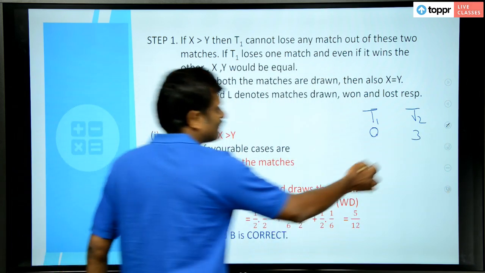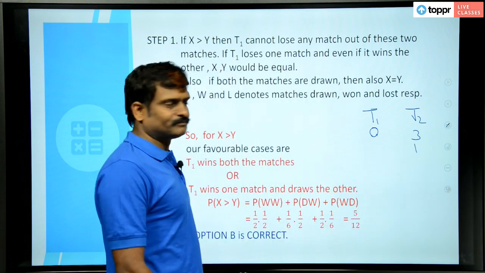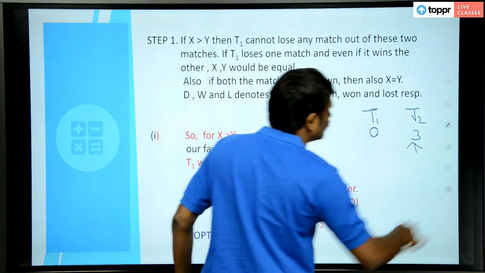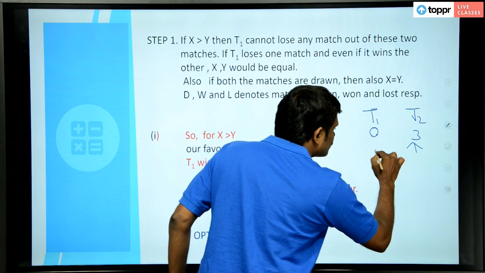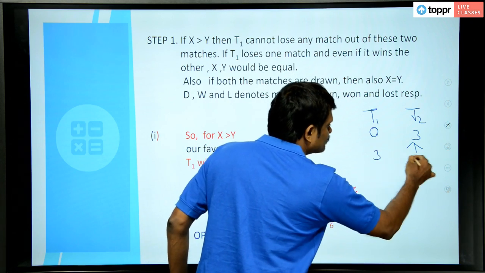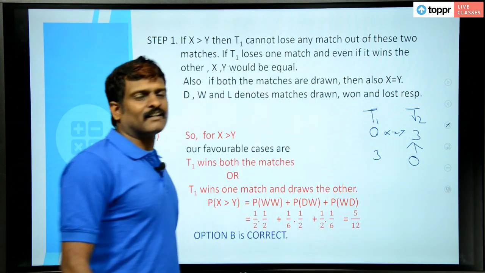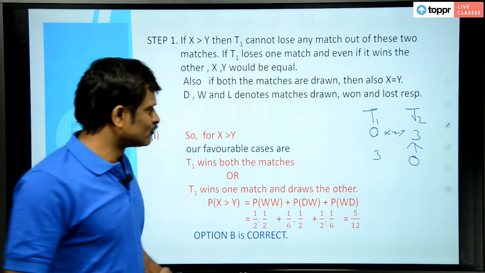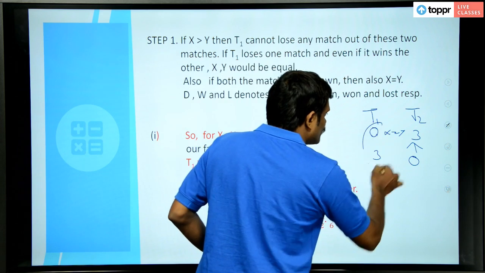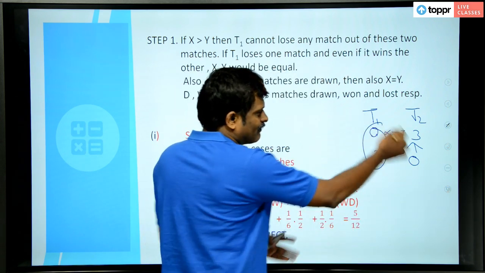So, T2 will definitely get 3 marks. Say next match T1 wins and T2 loses, but still x is equal to y here, but not greater than, and we want x to be greater than y. So, that means this always should be greater than the marks scored by him.